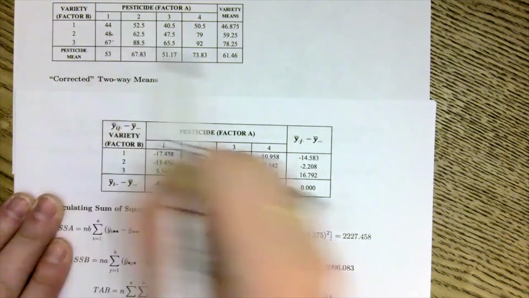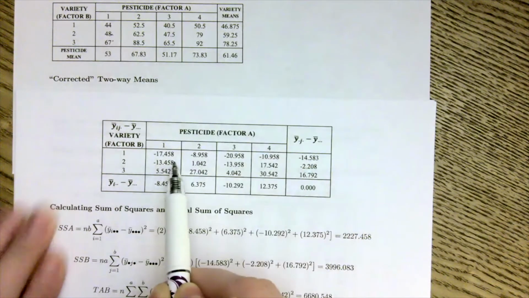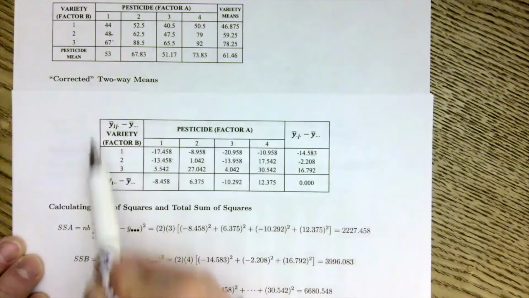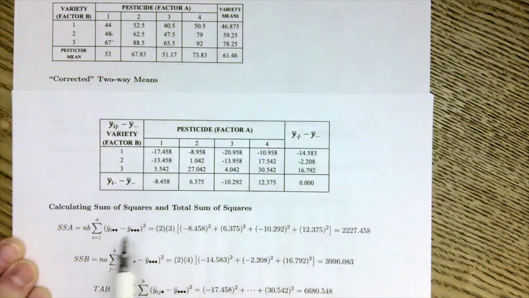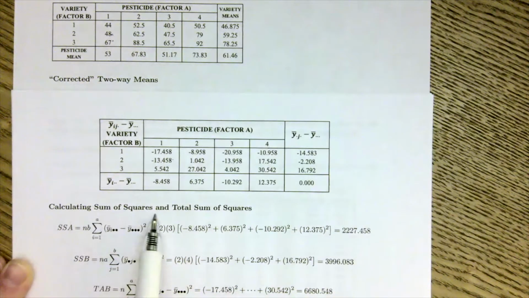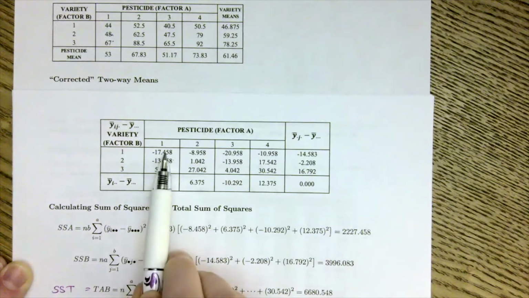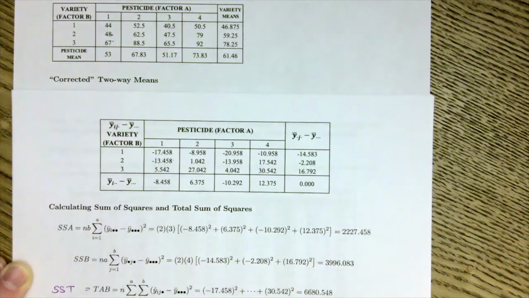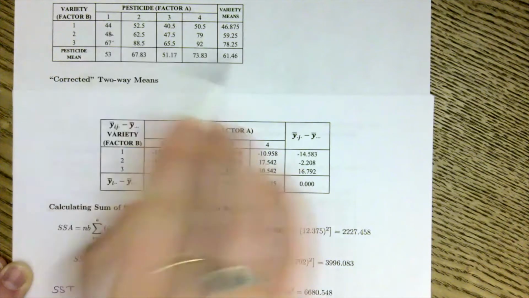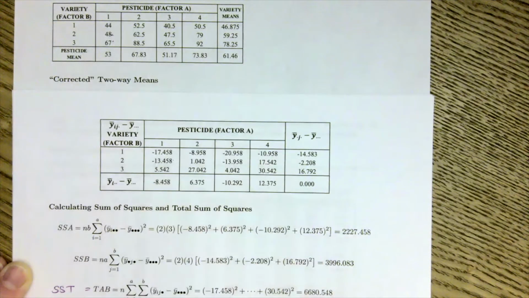This number minus this number to get this number. And the reason why I output this is so that when you go to look at your sums of squares for your SS factor A, B, your tab, or your SST, it's easier to just look at this number and then square it versus looking at the subtraction. So that's typically why someone might do the corrected two-way means.